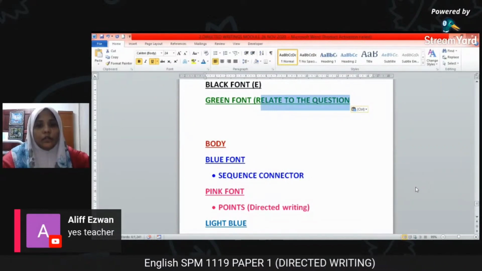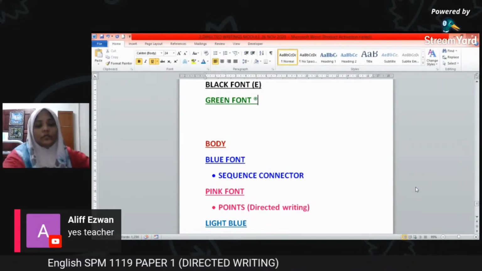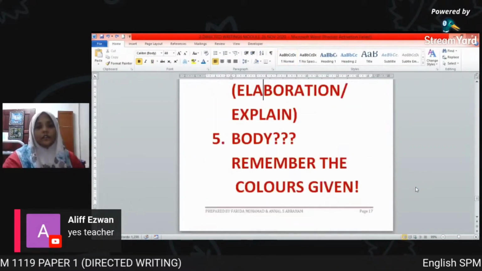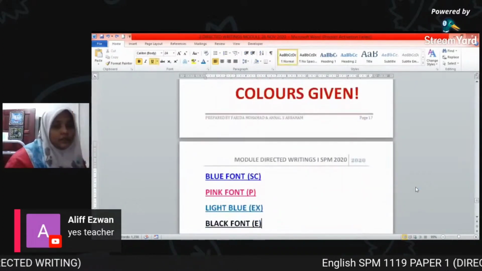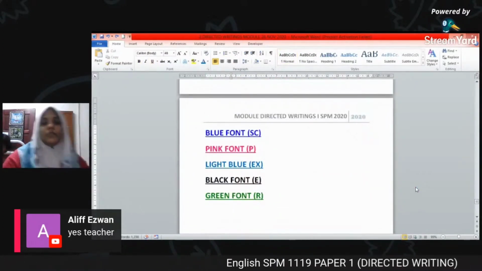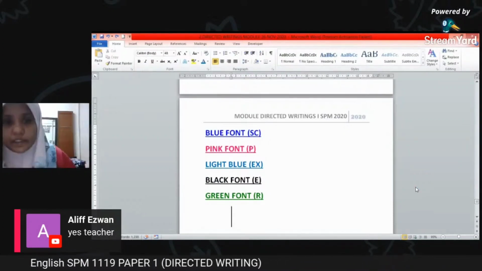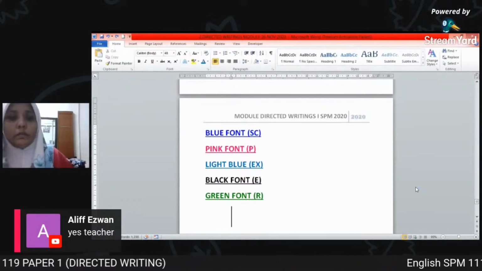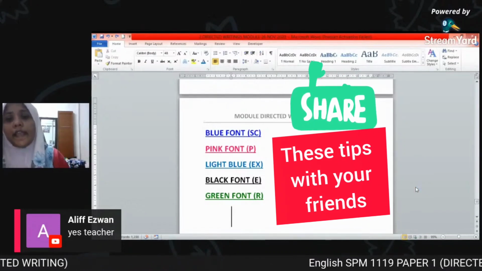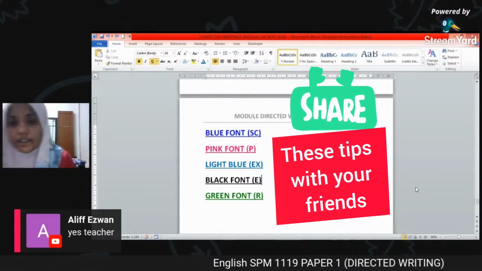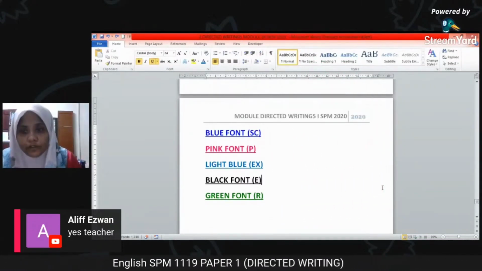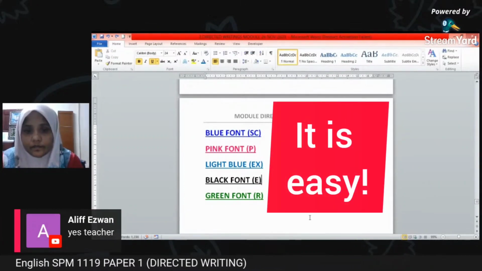Green always has to do with relating to the question. So remember this formula: blue, pink, light blue, black, and green. Understand? So far, so good? Yes? All right.